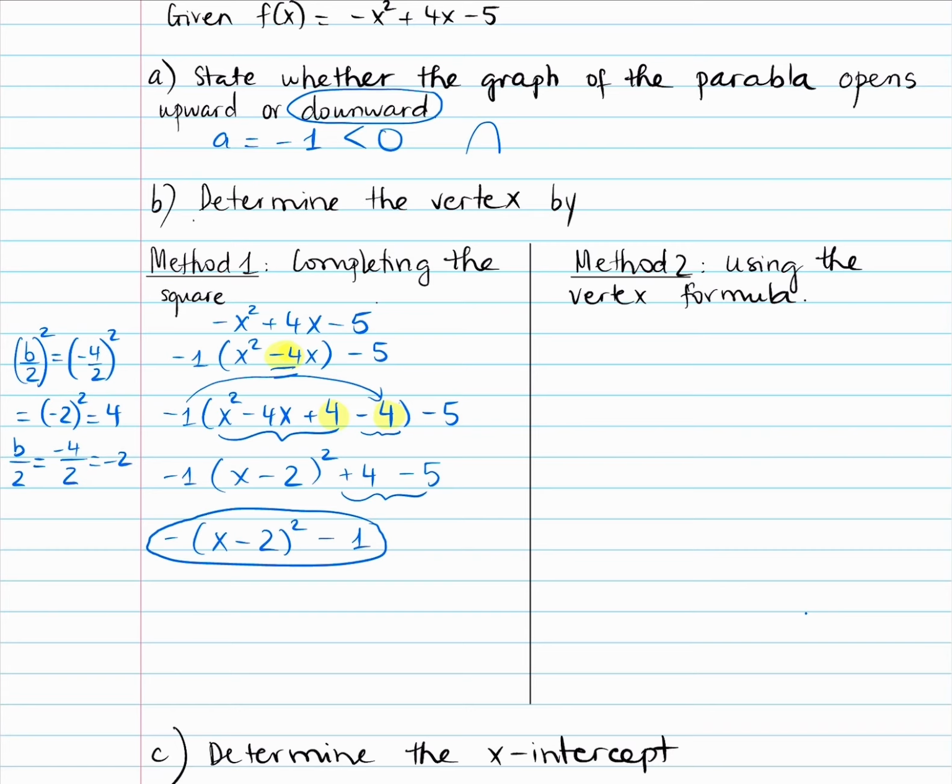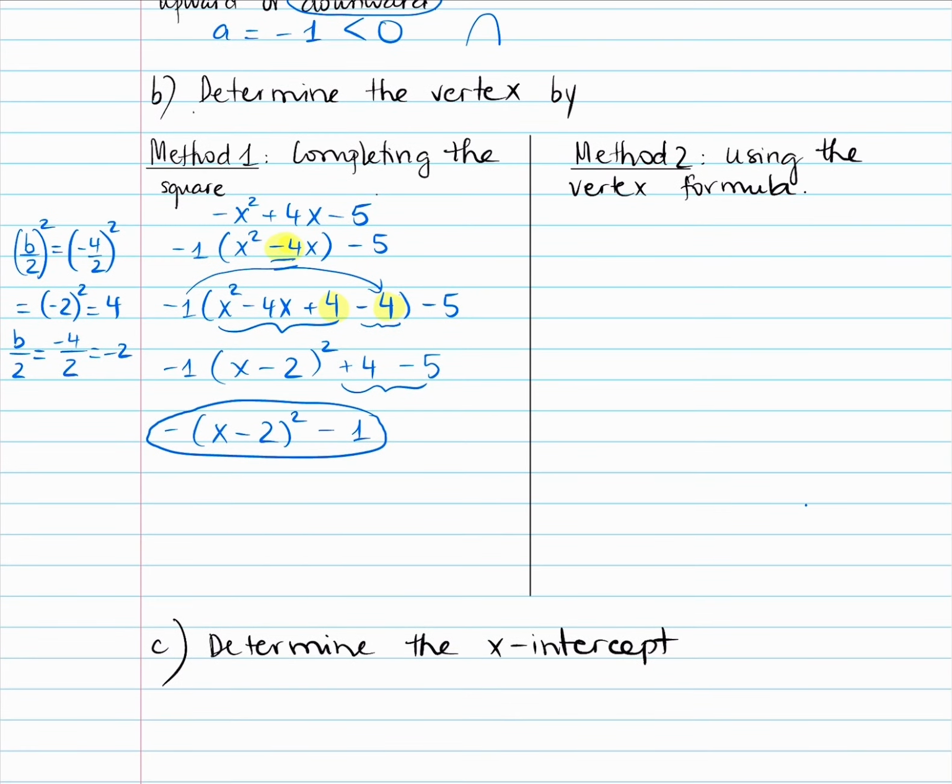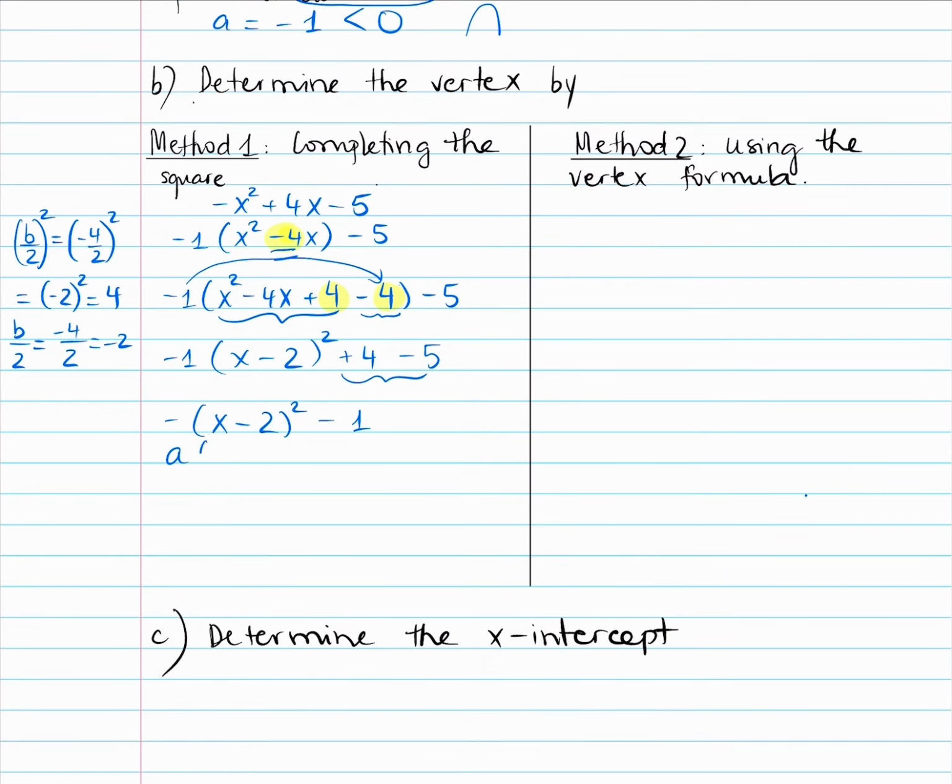To determine the vertex, we are going to look at the vertex form, which is a times x minus h squared plus k. Now the function here looks almost identical to the formula, except for the part plus k, we have -1 instead.